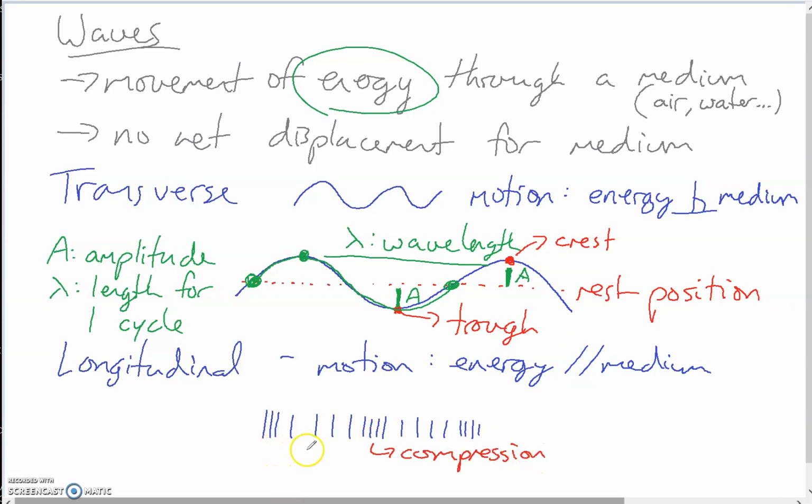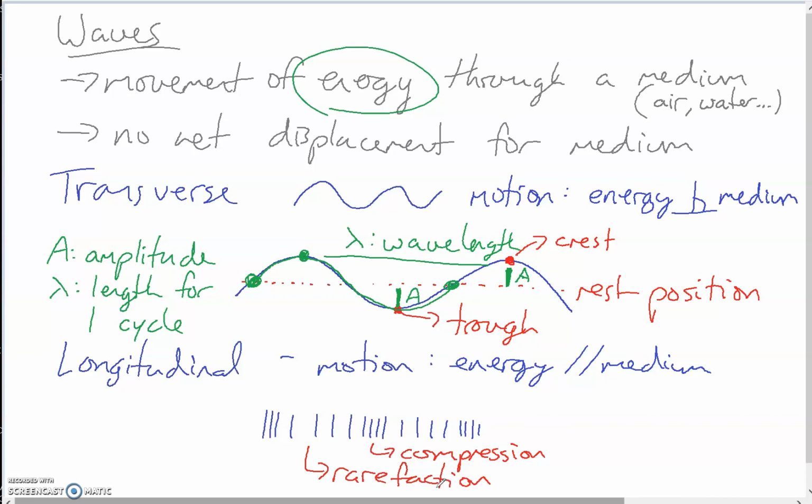And the parts where it's spread out, that is called a rarefaction. The compressions are the higher density areas, and the rarefactions are where it's spread out, so there are lower density areas. So instead of crests and troughs, we have compressions and rarefactions: high pressure, low pressure, high density, low density.